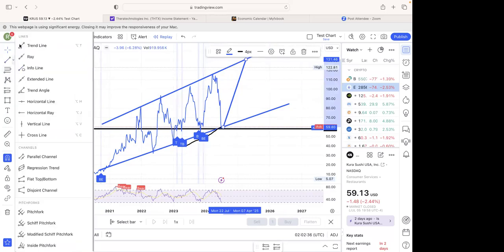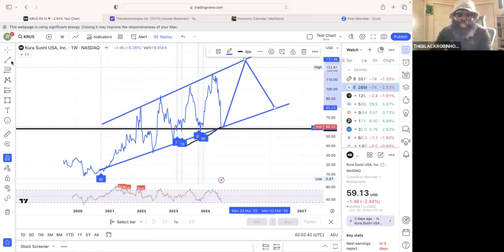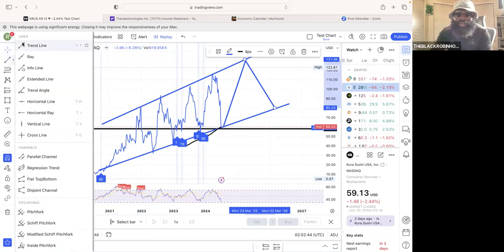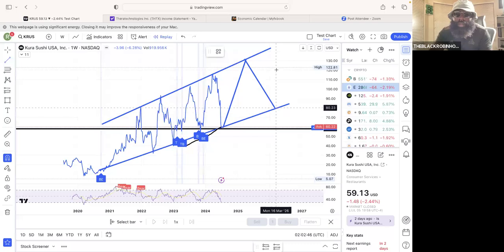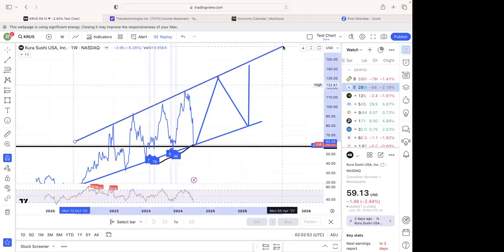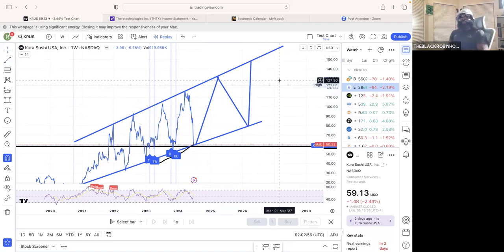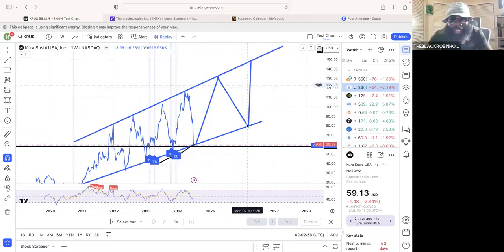If it follows. You see that? It will do something like this, because it's trading in a channel. You see it? Yep. And we are here.